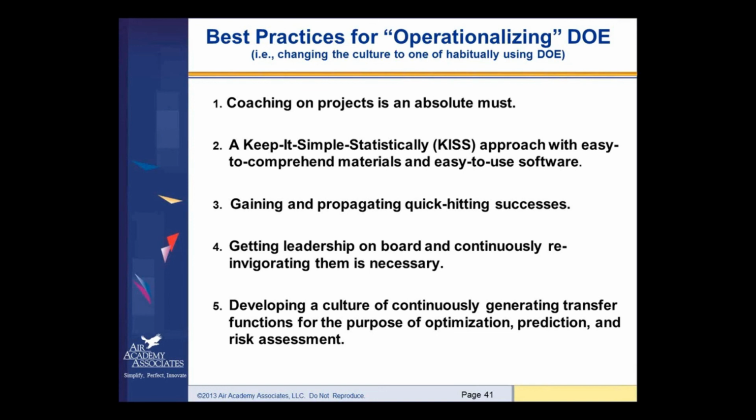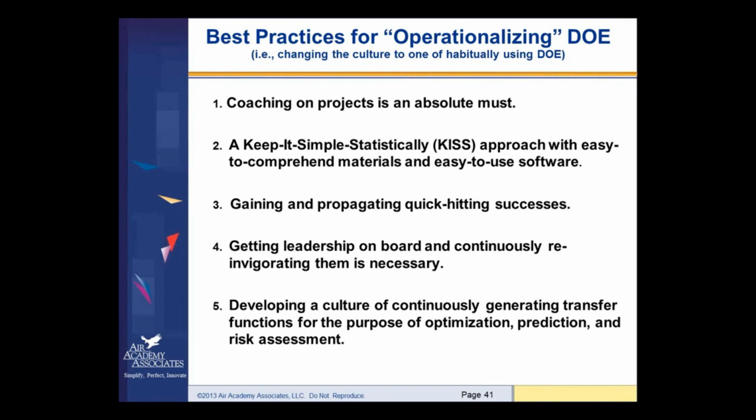So leadership has to know that. They have to buy in. They have to be reinvigorated. Our leadership changes in most organizations so quickly that we have to continuously educate the leadership on this. And then a metric we use in our clients to look at if the culture is being impacted by DOE, and that is, do we have transfer functions for the critical to customer or the critical performance measures?